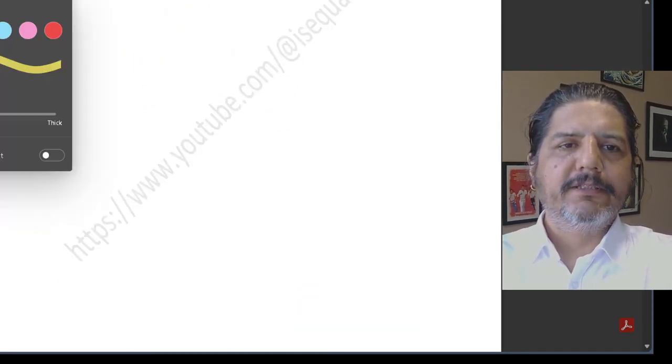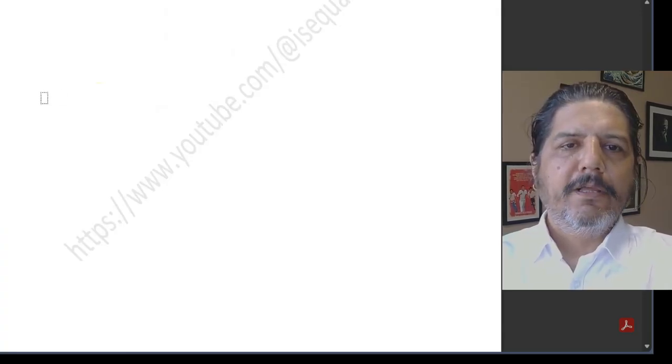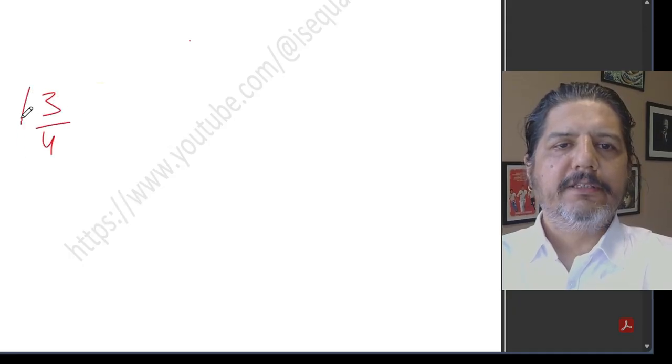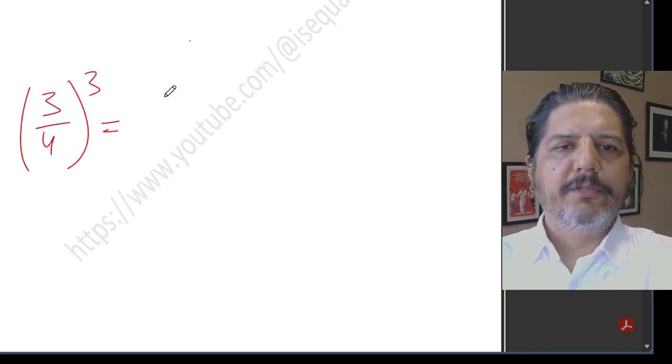See here, one thing that you need to understand: if I have a fraction like 3 upon 4 whole cube, this can be written as 3 cube upon 4 cube.